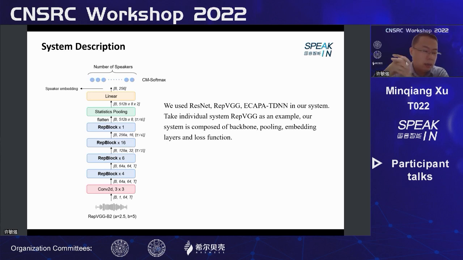The FBank features are fed to convolution layers, and then 4 rep blocks are repeated. A statistics pooling layer follows to transfer the frame-level representation to an utterance-level representation. An FC layer is used as the metric learning module, where the speaker embedding vector can be extracted. At last, a large margin-based softmax loss is applied.